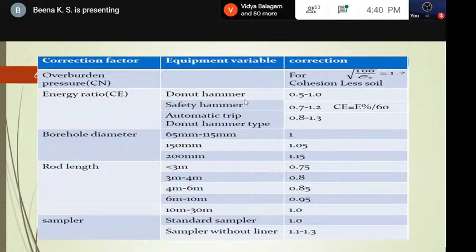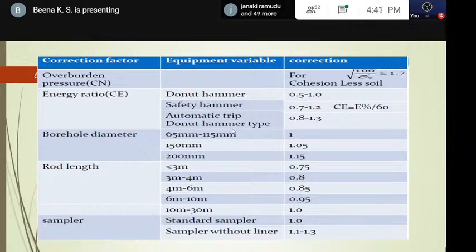For CN, we have already seen some equations, and the IS code equation is also there. Then for the energy ratio CE, accounting for the energy loss, that depends on the type of hammer.